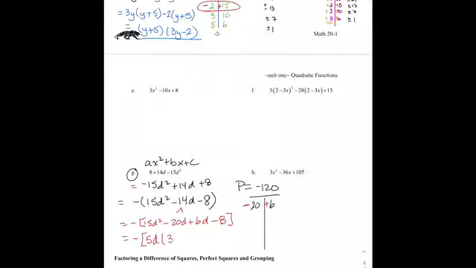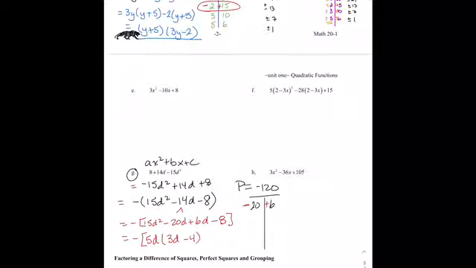So then we get a 3d minus 4. And with the 6d minus 8, we can take out a 2. And again, we get a 3d minus 4. And our final factors are 3d minus 4 times 5d plus 2.